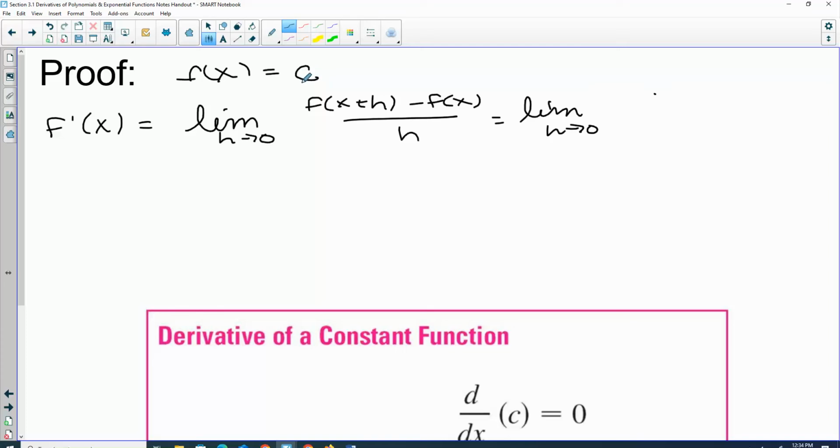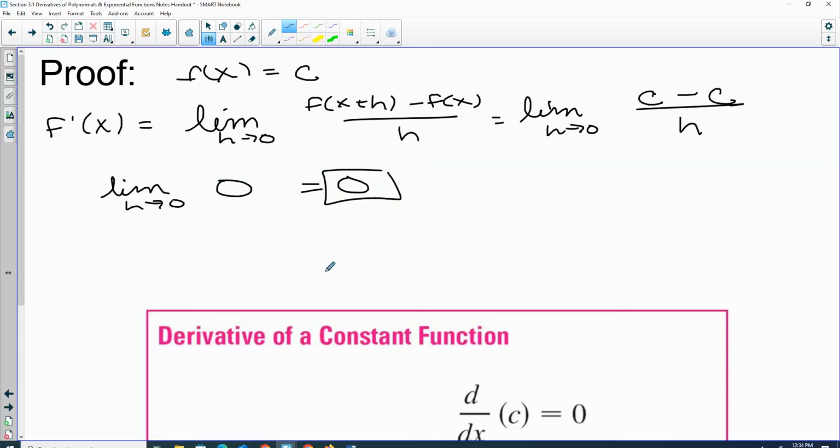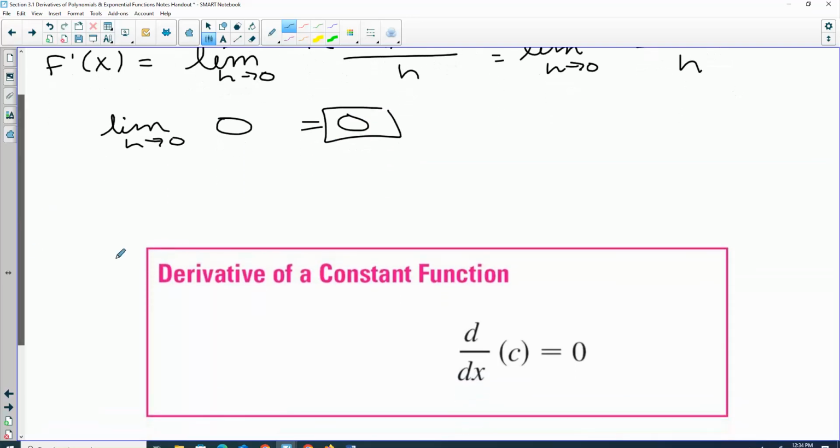If there isn't an x, then it's still c. Minus, what is f of x? Also c. c minus c over h. So we have the limit as h approaches 0 of 0 over h, which is 0. So no matter what the constant is, we now know the derivative of any constant is 0.